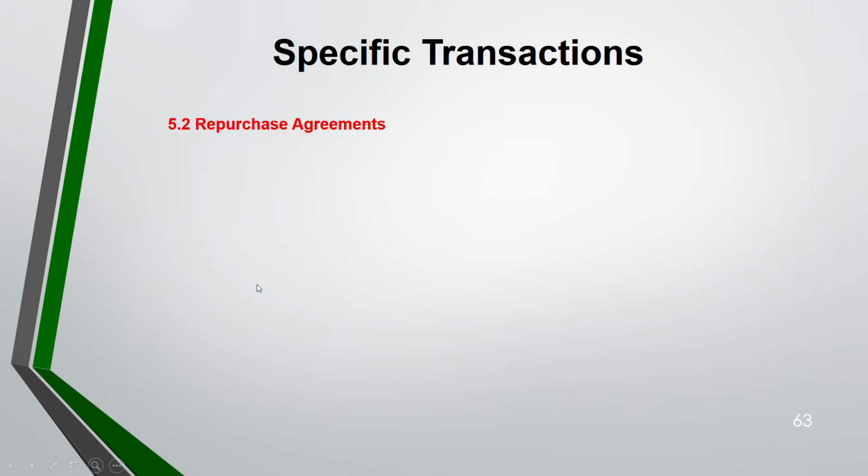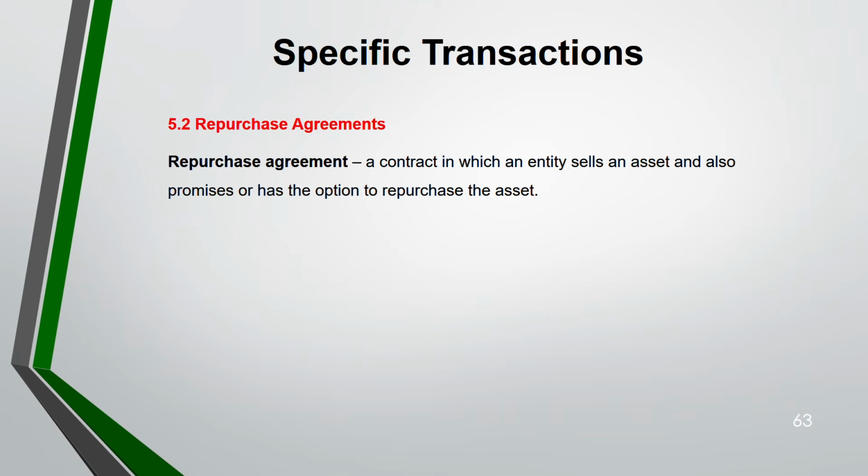Now, repurchase agreement, the second specific transaction. A repurchase agreement is a contract in which an entity sells an asset and also promises or has an option to repurchase the asset. So they sell the asset, they have an option that they can repurchase the asset.